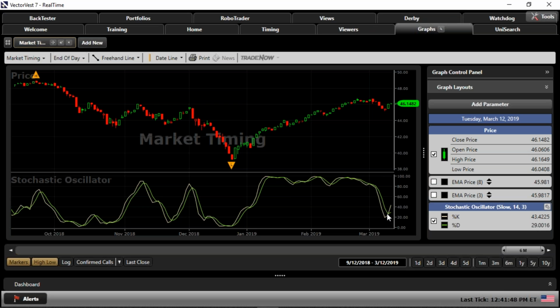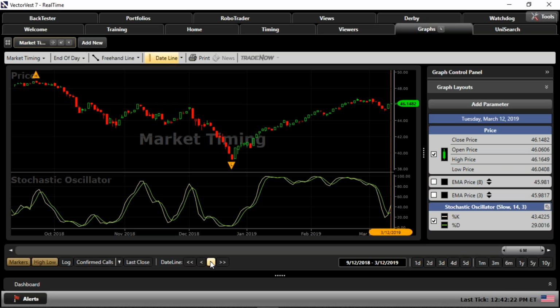So real quick, guys, what I did was I added the Stochastic Oscillator to the VectorVest composite. Remember, let's pair indicators with what the market's doing. With the fact that the Stochastic Oscillator on the VVC has just recently crossed above 20, I want to scan for stocks today, right now, whose stochastic oscillator has just crossed above 20.